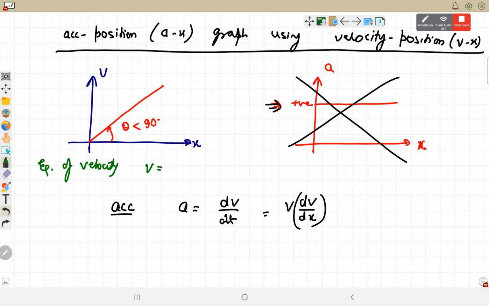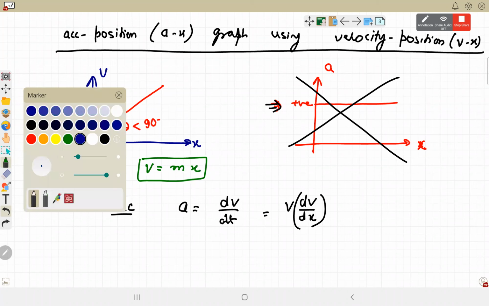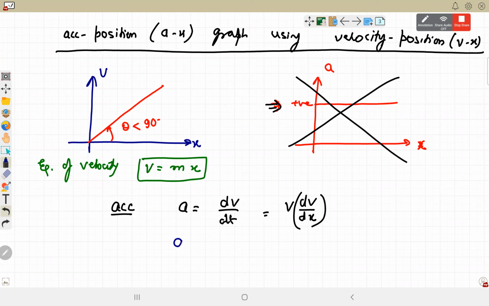Y is equal to mx because it is passing through the origin, so c is 0. It is a straight line passing through the origin, that is the equation. Now you substitute this in the formula of acceleration in terms of position and then find. So a is mx into d by dx of mx.